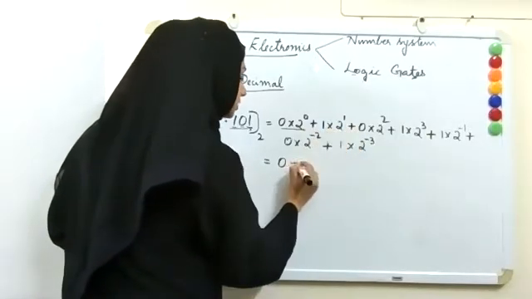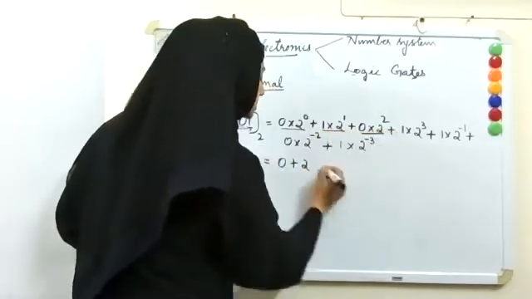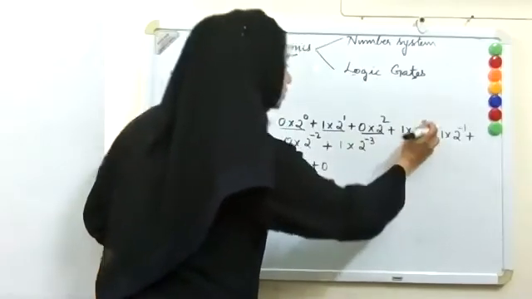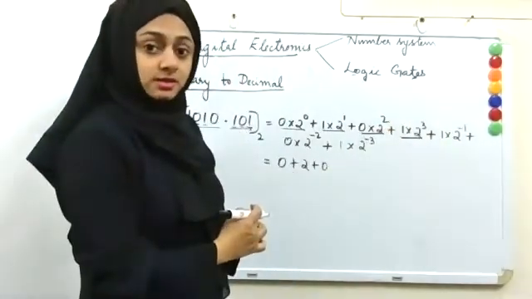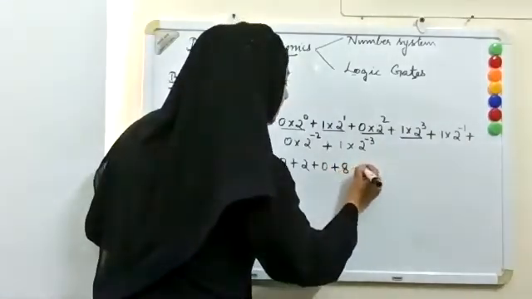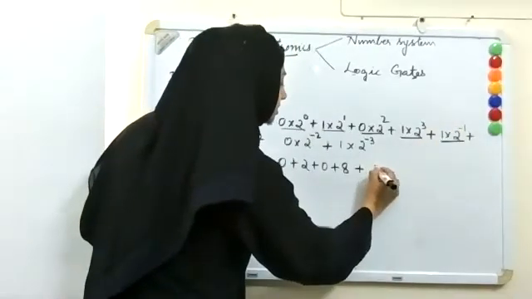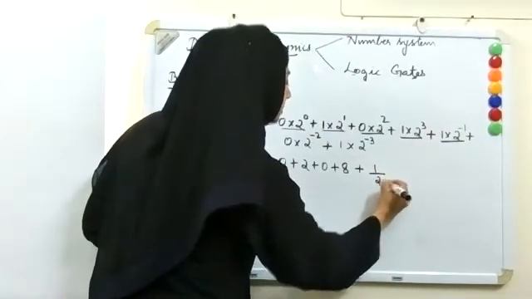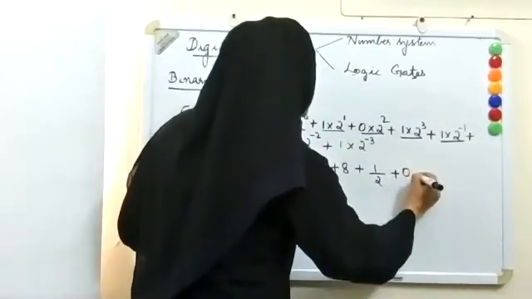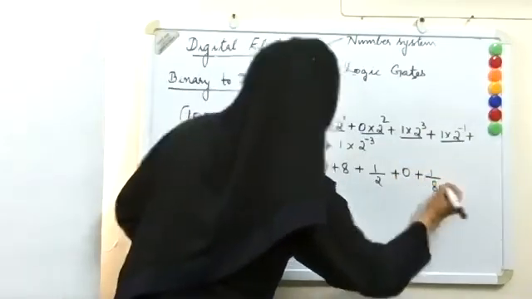Plus 0. Plus 2 raised to 3 is 8, and 8 into 1 is 8. Now the fractional part: 2 raised to minus 1 means 1 by 2, plus 0, plus 1 by 8.